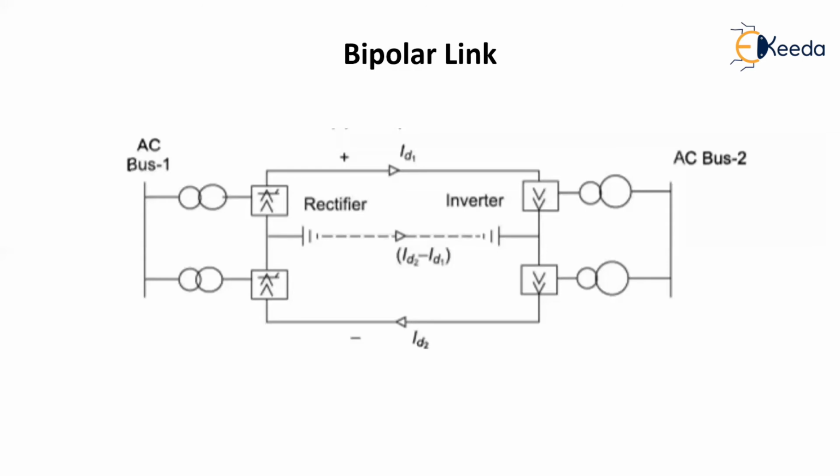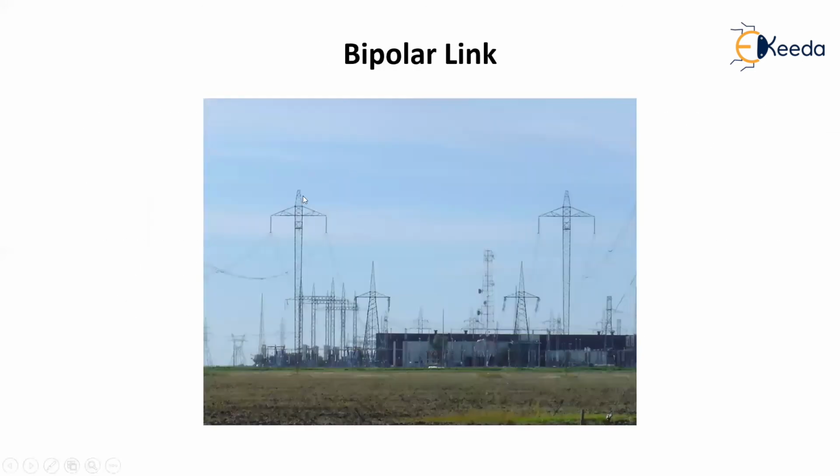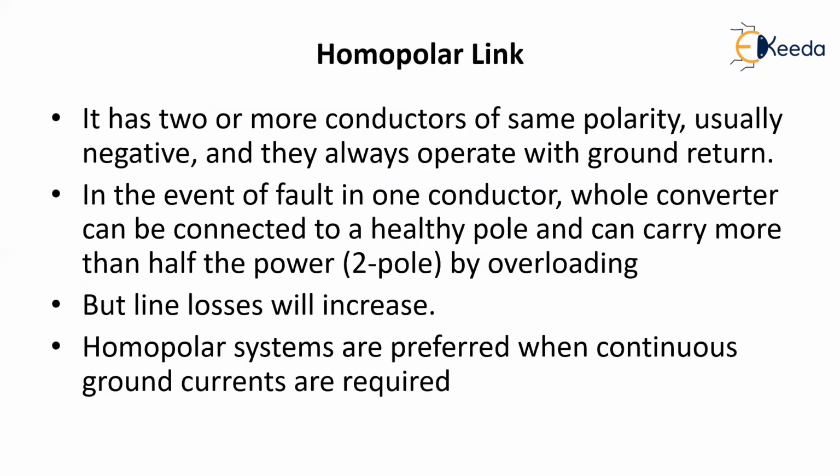And this is how a bipolar link looks: two conductors and one more at ground potential. Next one is the homopolar link. Homo refers to same poles, that means the same polarity of poles will be used.